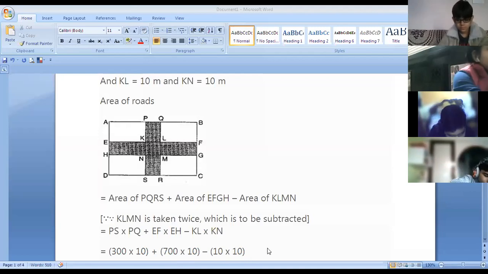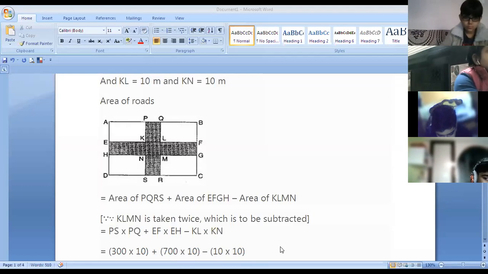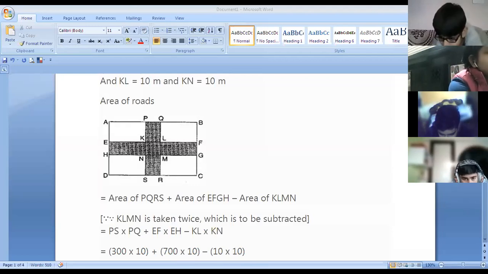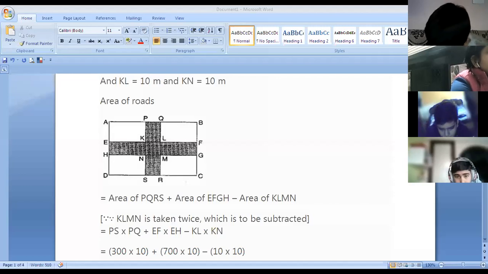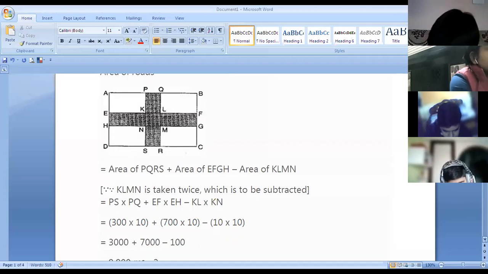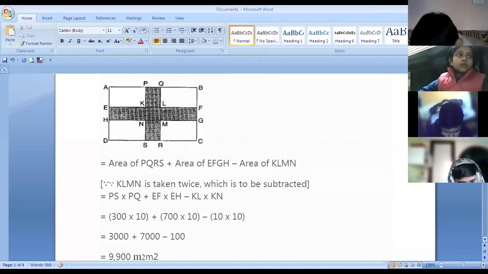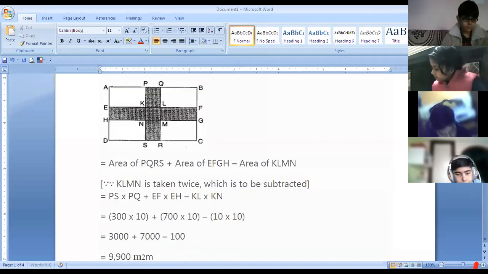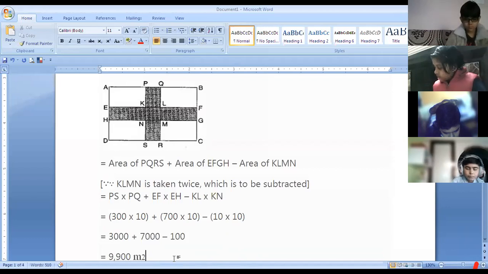Subtract 100 from 10,000. How much are you getting? 9,900. Ryan, right answer. 3,000 plus 7,000 minus 100 will be 9,900 meter square. So 9,900 meter square will be the answer.